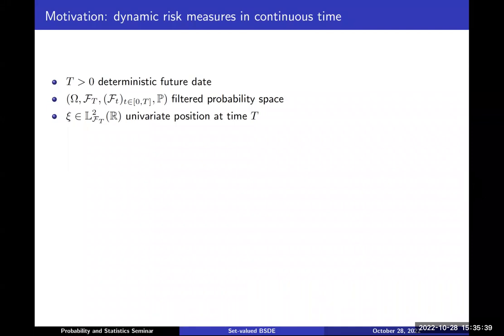So let's start with the well-understood case, which is the so-called scalar case, where we are interested in measuring risks of one-dimensional or real-valued financial positions. So let's imagine a situation where we are between time 0 and time capital T, and at time capital T we have a financial position which is a real-valued random variable.